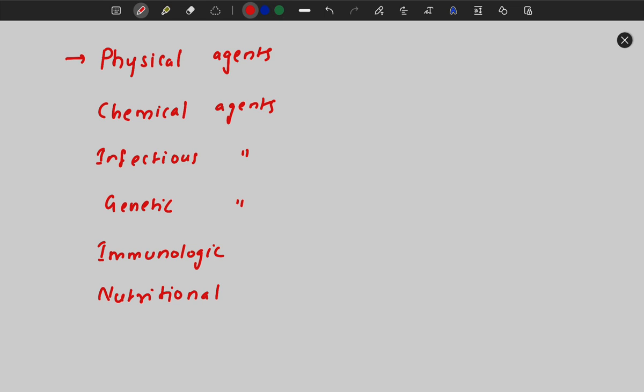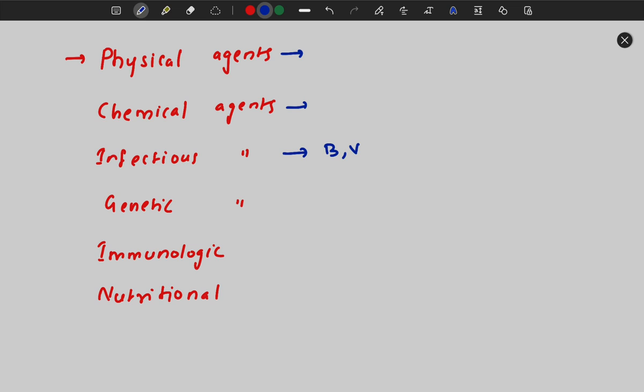Now what are the other causes of cell injury? The cell can be injured by certain physical agents such as heat, cold, and radiation. Then certain chemical agents such as drugs, infectious agents such as bacteria and viruses, genetic defects, and immunological agents, such as an autoimmune attack, can also cause cell injury.